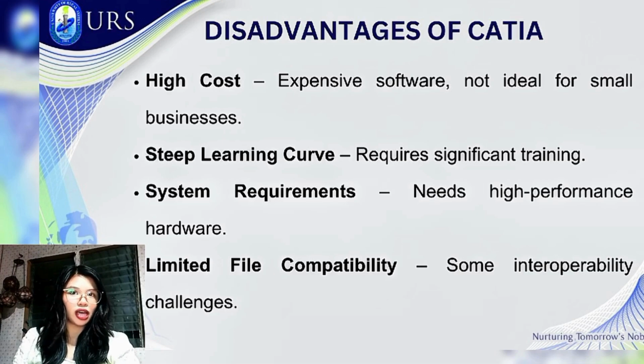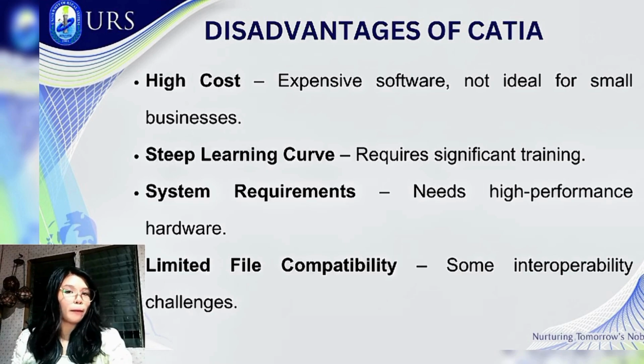Third, it has high system requirements, meaning it needs a powerful hardware system to run efficiently. And lastly, limited file compatibility can pose challenges when working with files from other software, affecting interoperability in mixed software environments. Among these advantages and disadvantages, there are still more advantages than disadvantages of CATIA.